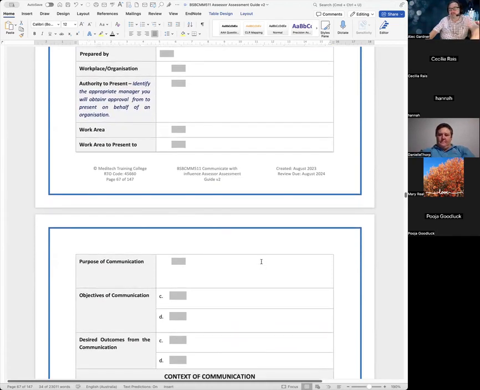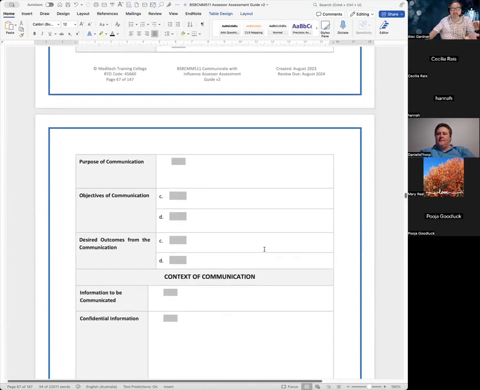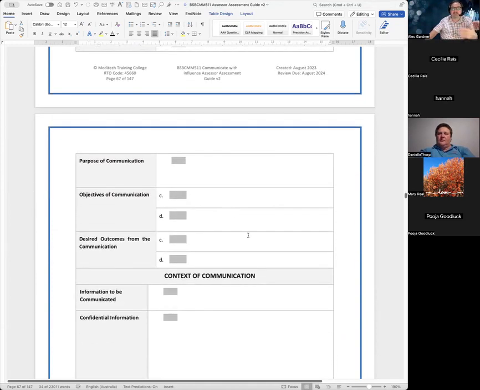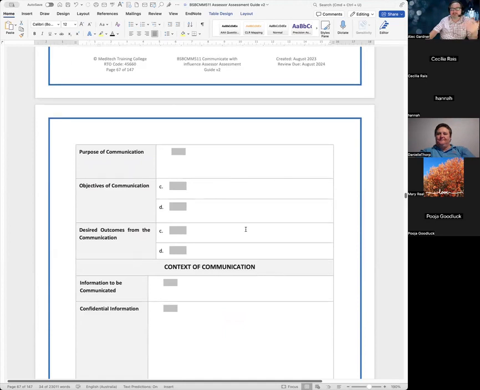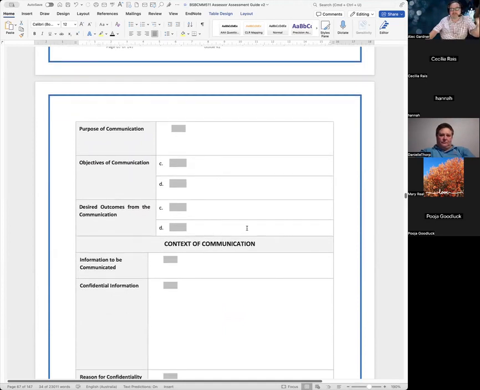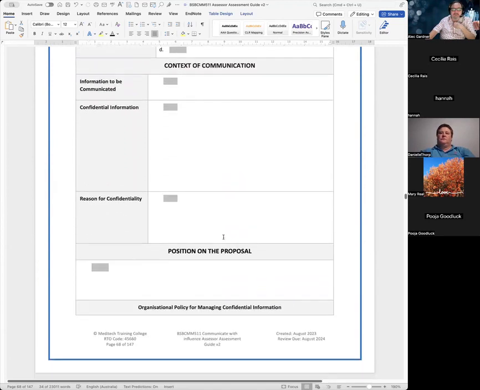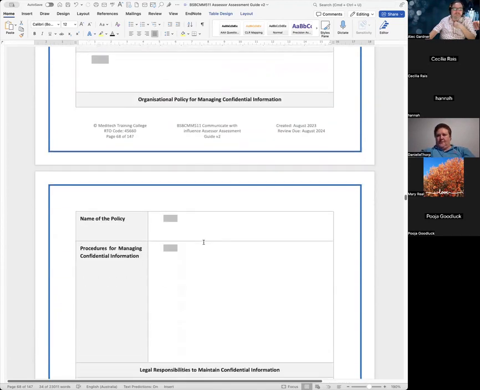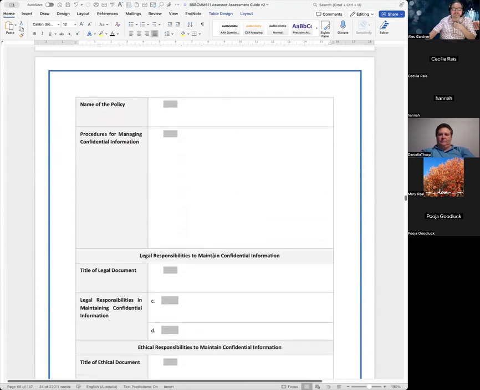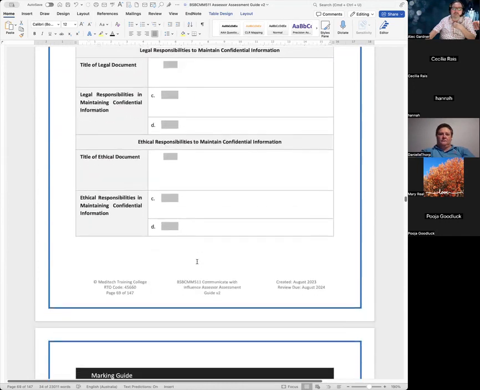We're nearly doing a duplication from before into here, because you're going to do your purpose of communication, your objective, your desired outcome. It's virtually taking what you've done in the first one and putting it in the second one. So it is what it is, and we'll work within the constructs.